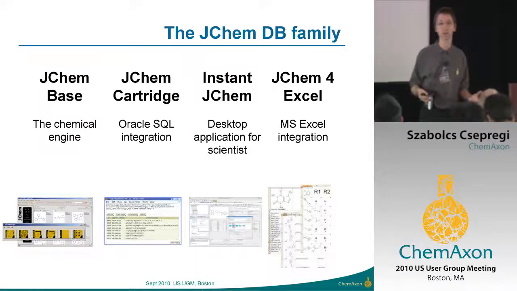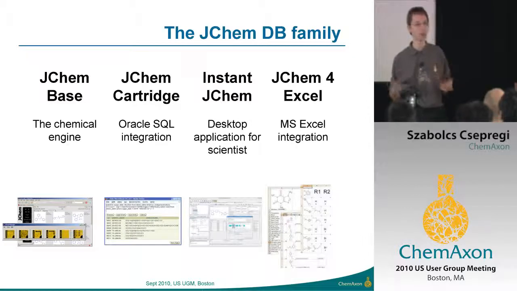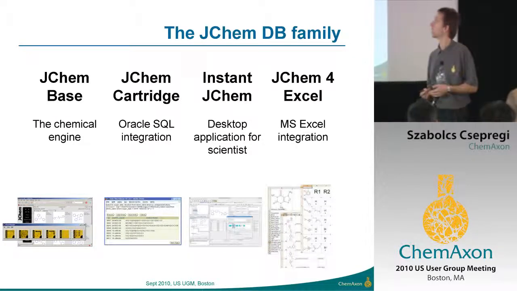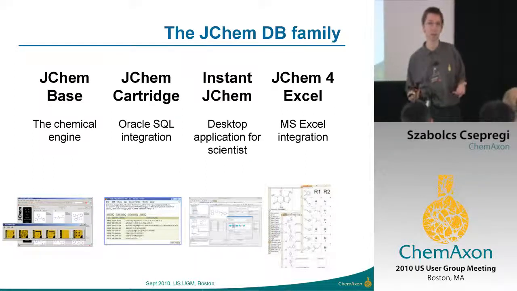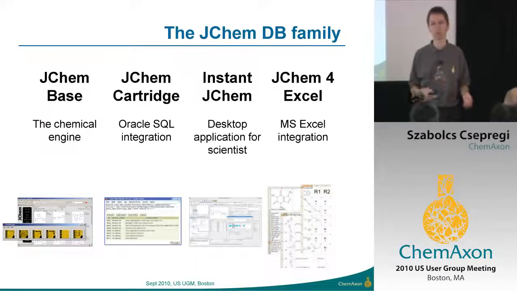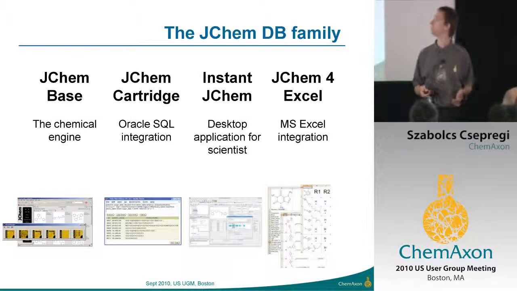Indeed, it integrates into Oracle by providing chemical indexes and SQL operators. The cartridge is not only a wrapper for JChem Base, but it also provides an SQL interface for other ChemAxon functionality, like property predictions and so on.